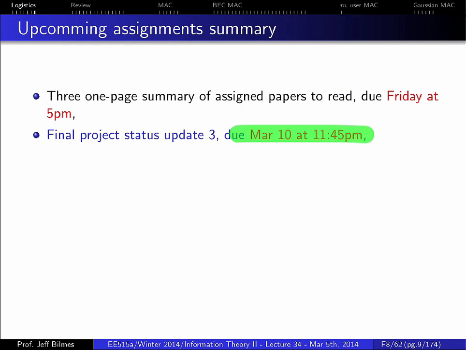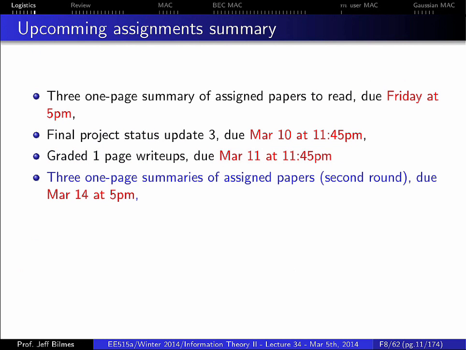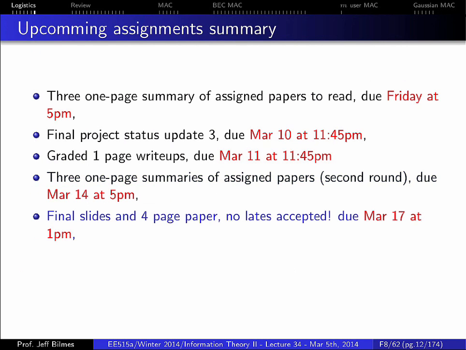Then we have the final project status update deadline, and on Tuesday, you have a grading due. And then your second round of assigned papers are due a week from Friday, March 14th. This is pretty obvious, I hope. And then we have our 4 final slides and 4-page paper due Monday, March 17th at 1 p.m. electronically.